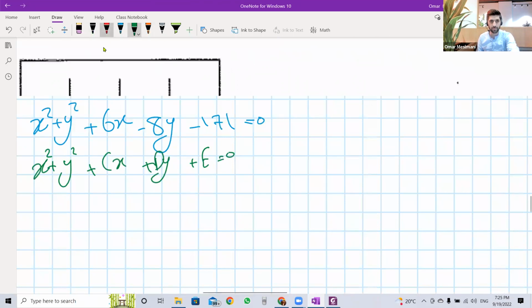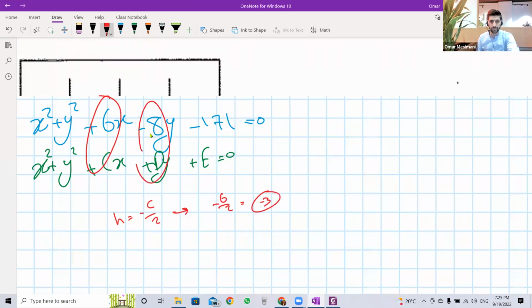Now, if you compare, 6 equals c, so h equals minus c over 2, which is minus 6 over 2, and now I found h is negative 3. Comparing with d, k equals minus d over 2, so it is minus negative 8 over 2, which is 4.